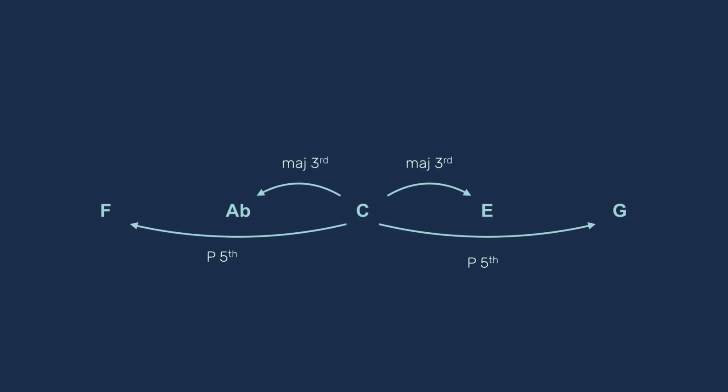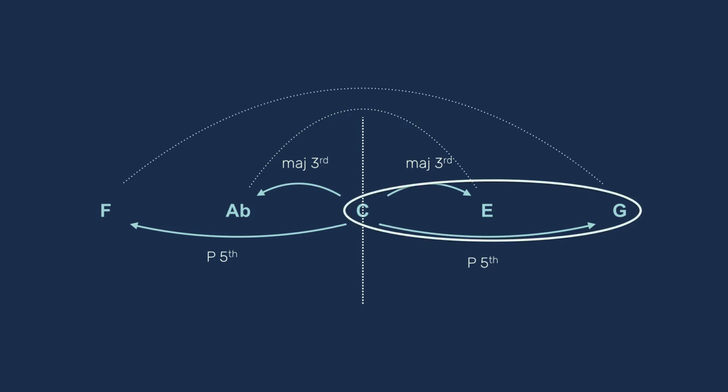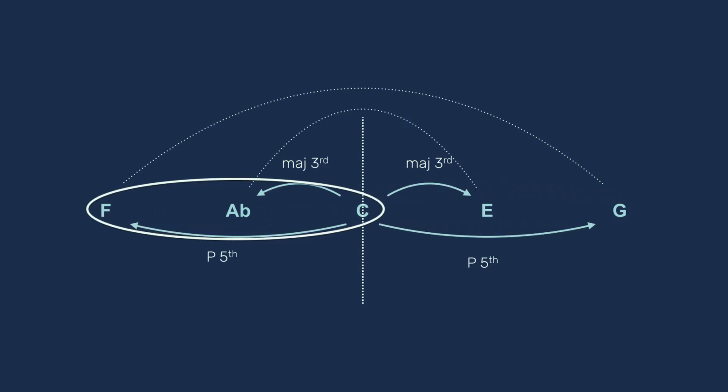Then we get A flat and F, which with the C form the F minor triad. F minor is the intervallic inversion of C major. Here our axis is the C, and A flat and E are equidistant from this axis, as are G and F. C major inverted is F minor.